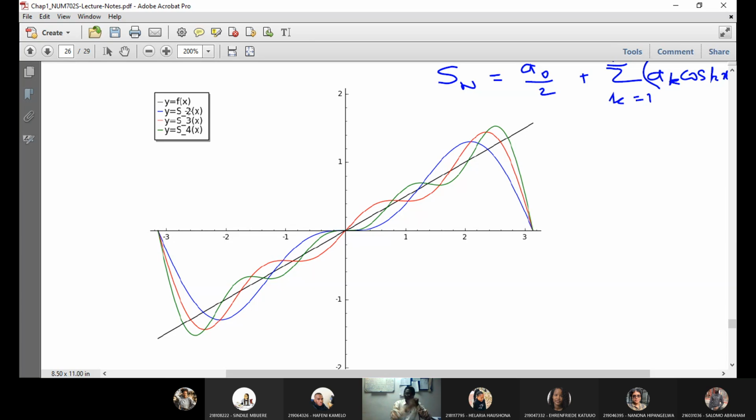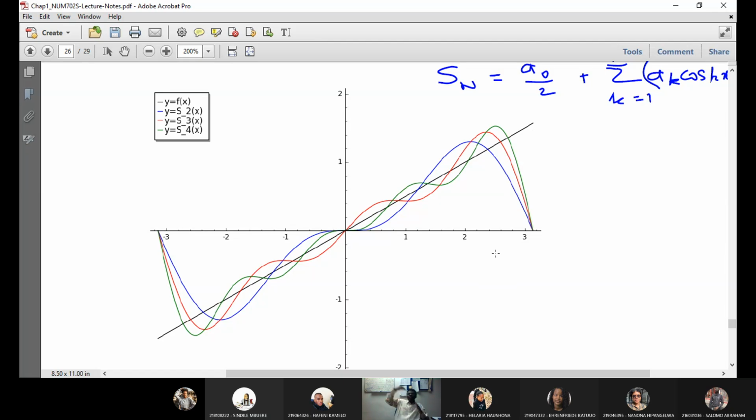So you take A1, B1, A2, B2, plus the A0 by 2. That's what gives you S2. Now, S2 is the graph in blue. This is that approximation. So you see that it is closer to this straight line, y equal to x by 2. It is close to it, but it's not exact because it's an approximation.